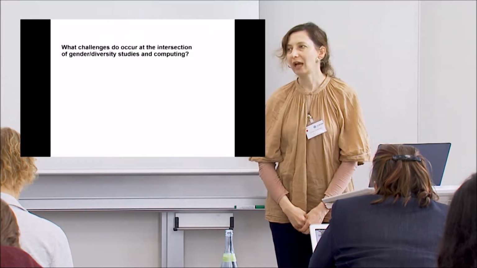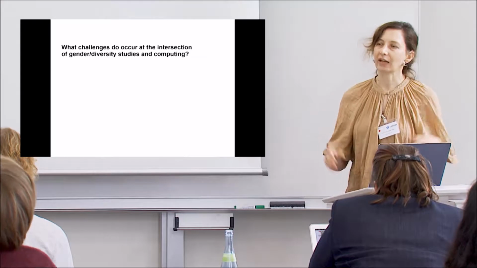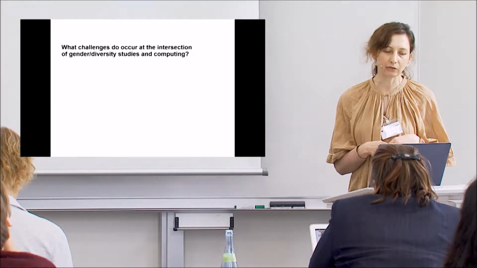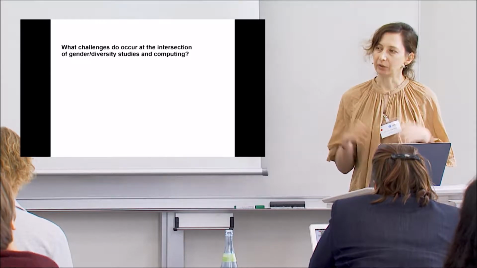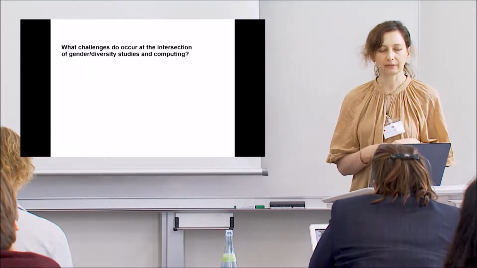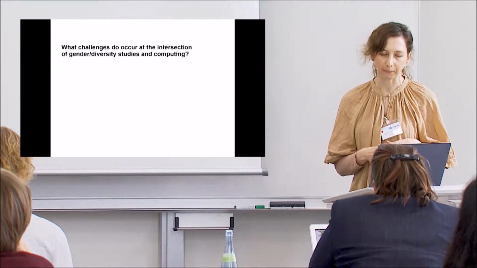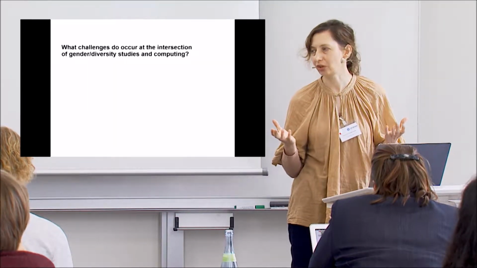What kind of challenges occur when you want to work interdisciplinary between the social sciences and humanities, gender and diversity studies in particular, and computing? And why is it so challenging?